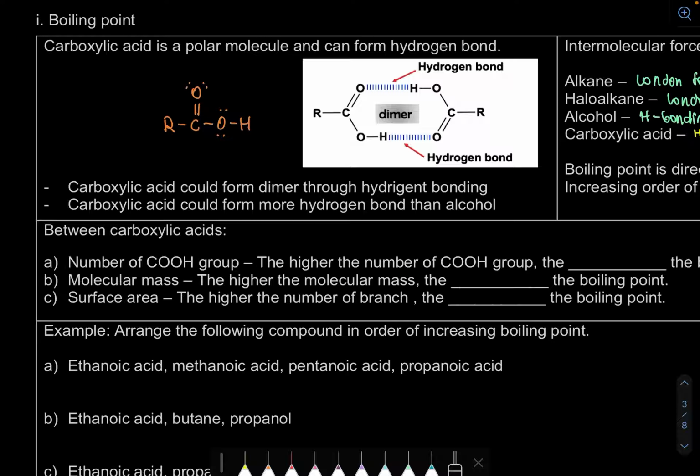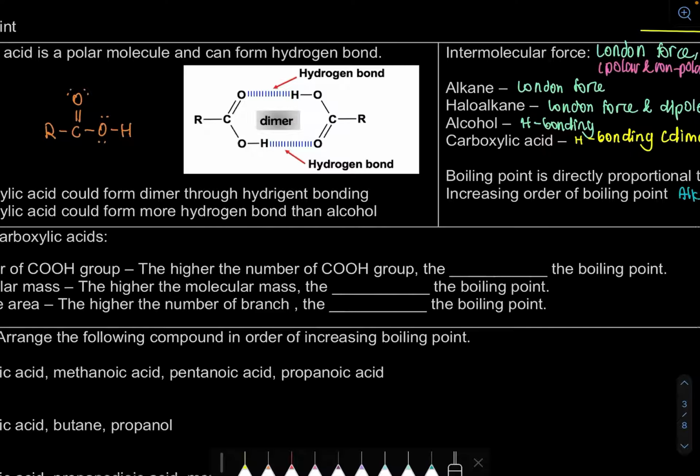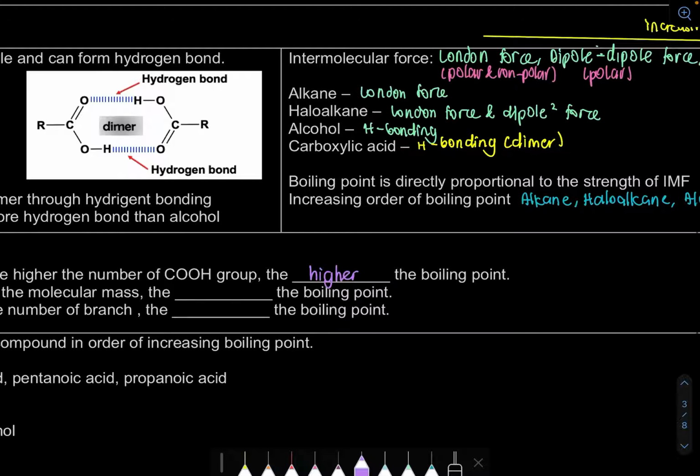You can form more dimers through hydrogen bonds, so you have stronger intermolecular force. More force is needed to overcome, so that is why we have a higher boiling point. To summarize, higher COOH number, higher boiling point.